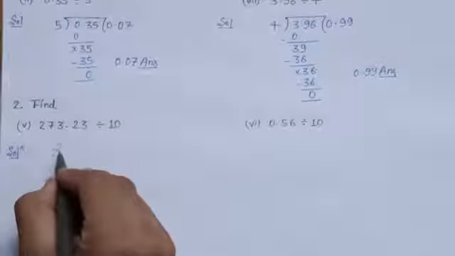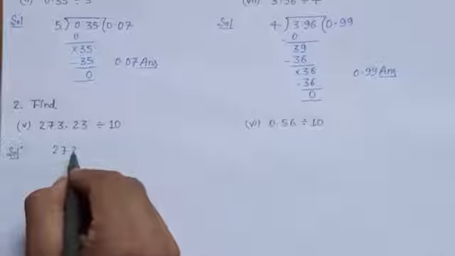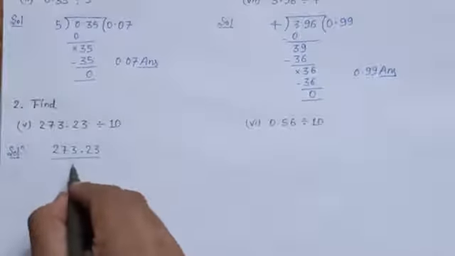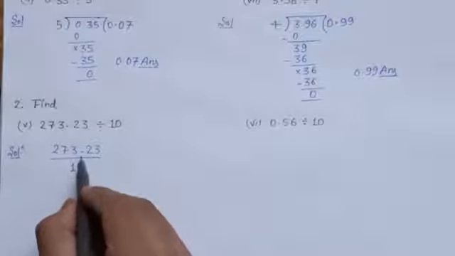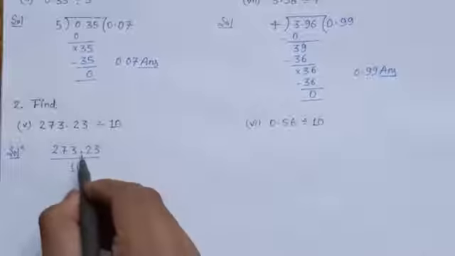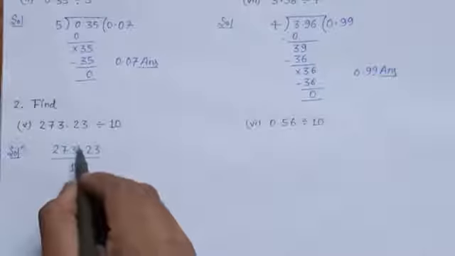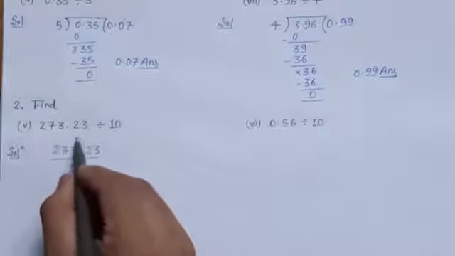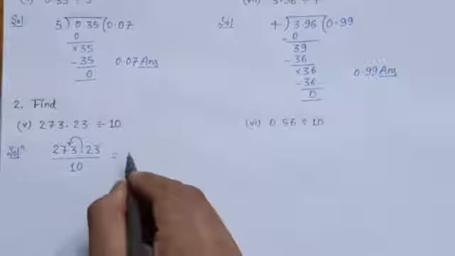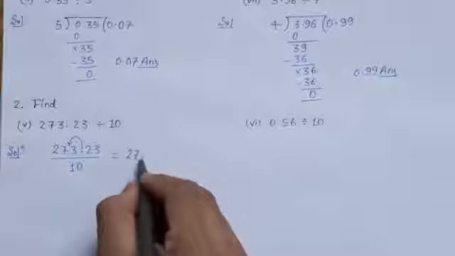So we have to perform the division of 273.23 by 10. As you can see, this is our decimal point and we are dividing this decimal by 10. So we shift this decimal point towards the left by 1 place. So when we shift, the decimal point shifted here. So our answer is 27.323.